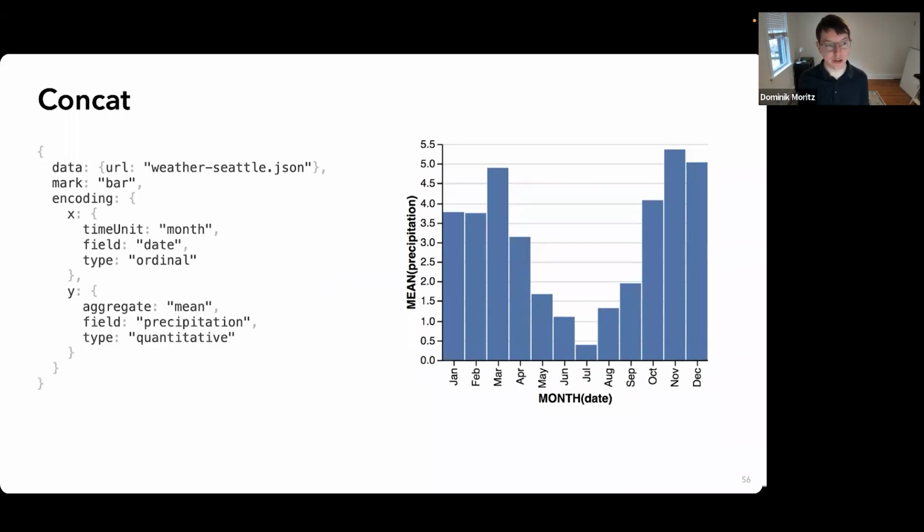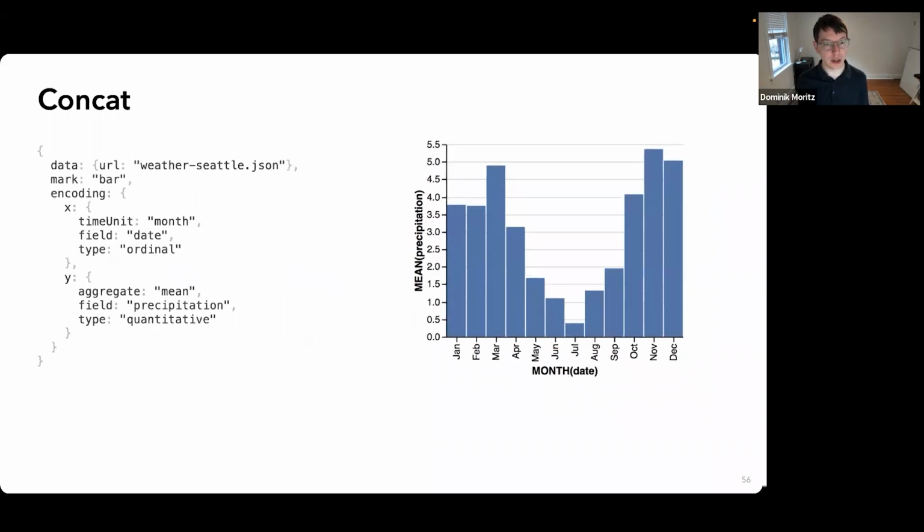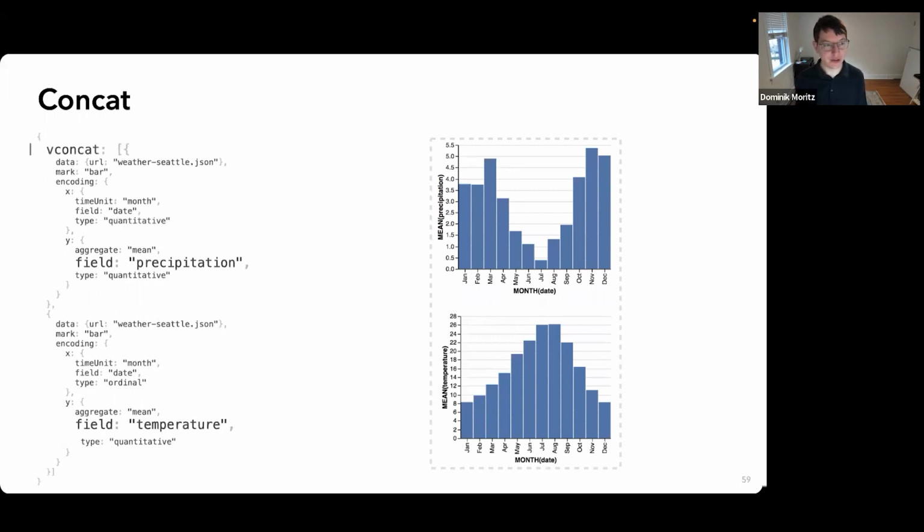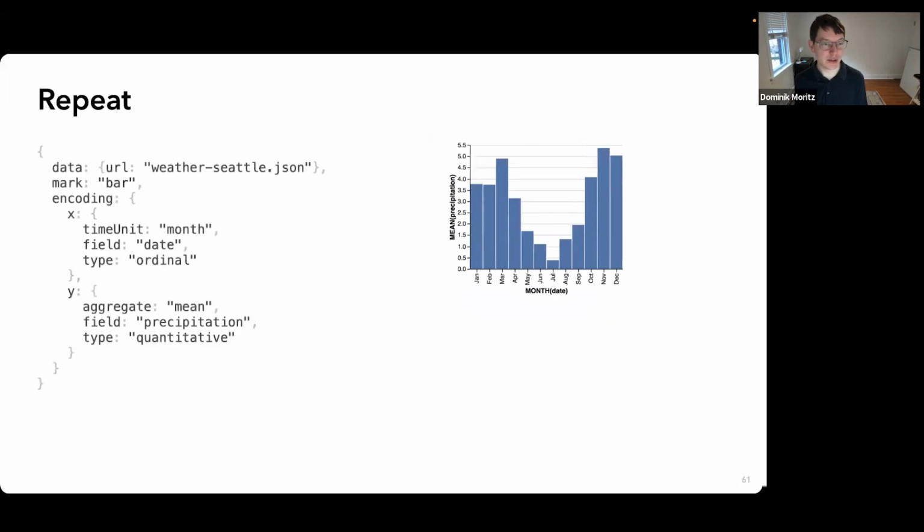We can also take this chart and concatenate it with another one, for instance, taking the same chart and making a similar one where instead of the average precipitation, we show the average temperature. And really what you see is that the only difference is the field. And so there's a shorthand for this, which is the repeat, where we can start with exactly the same specification.